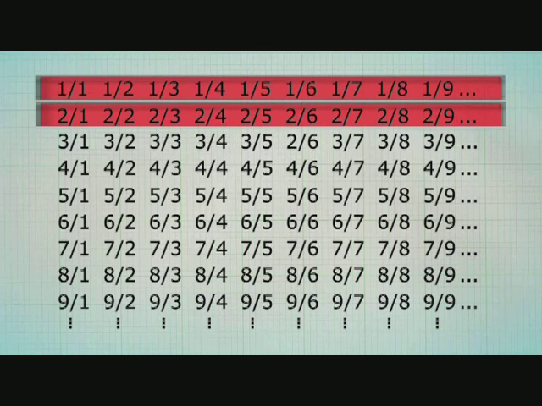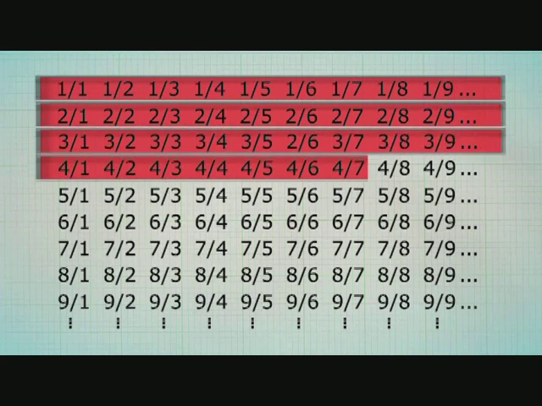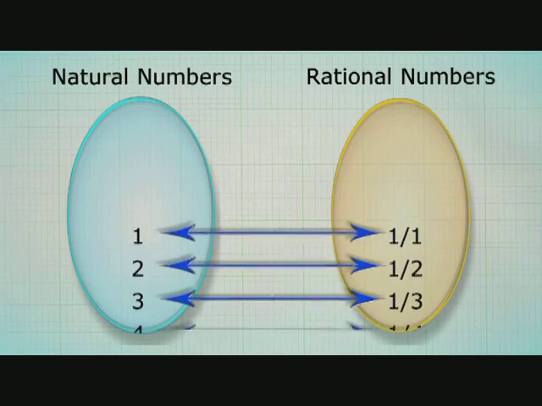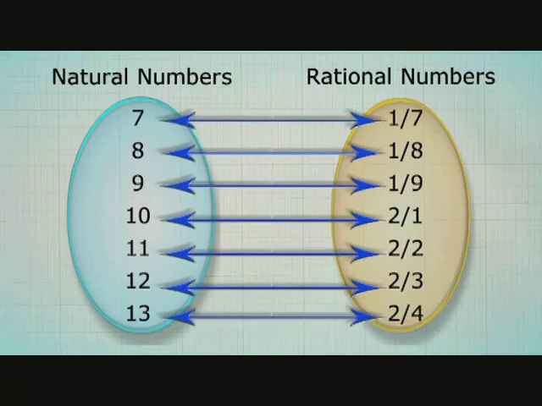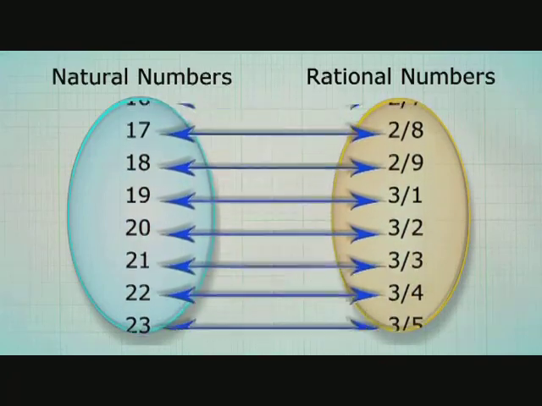Then he lined up fractions with 2 as the numerator: 2/1, 2/2, 2/3, 2/4, 2/5, and so on. And then 3 as a numerator, and so on infinitely many times. We're talking about an infinite number of infinite sets. Now, as we have just shown, if we can show a one-to-one correspondence with natural numbers, then this set is the same size as the set of natural numbers.